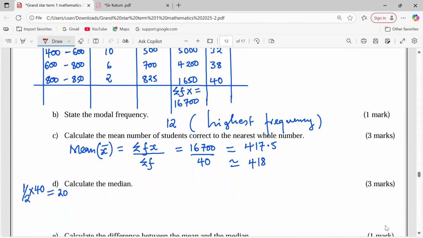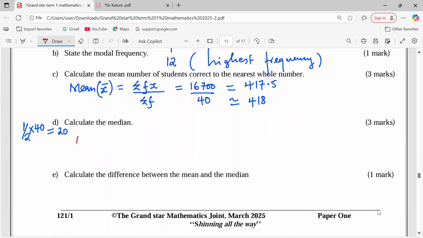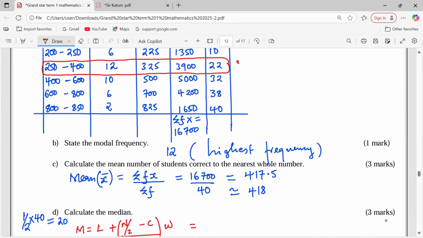Now with the median class, we're supposed to calculate the median using the formula. Median equals the lower class boundary plus total frequency over 2 minus cumulative frequency before the median class, then we divide by the frequency of the median class, everything times the class width of the median class. So to substitute this, we go to the class and get the lower boundary.